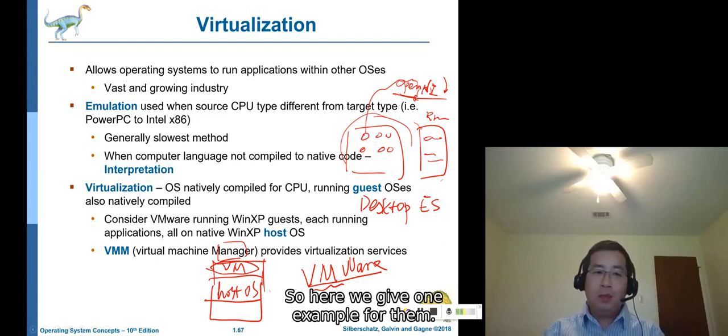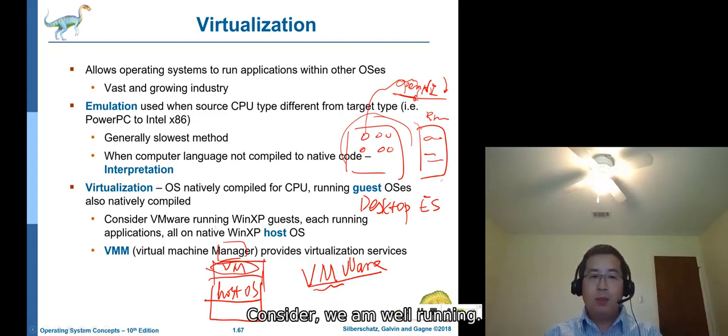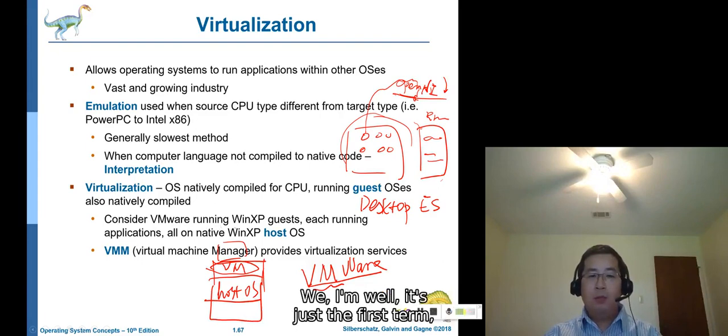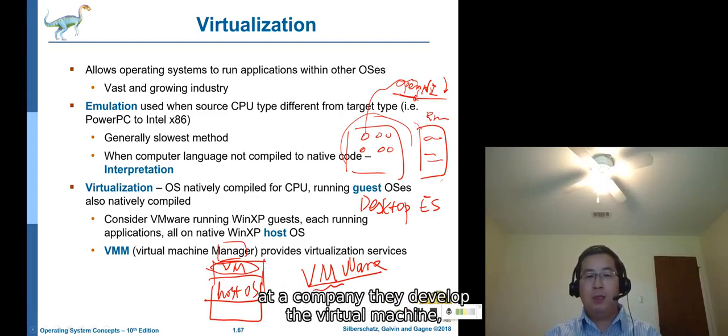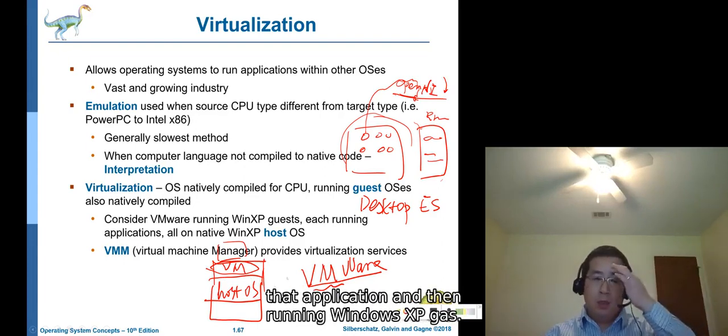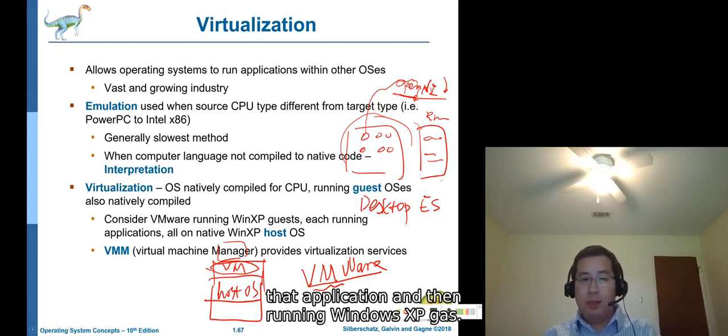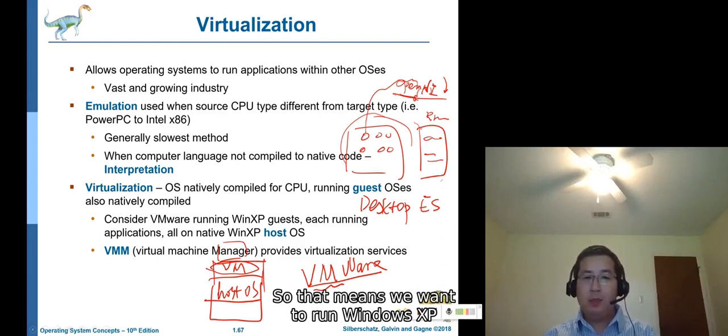So here we give one example. For example, consider VMware. VMware is just the virtual machine software we mentioned. The company developed the virtual machine application, and then running a Windows XP guest.